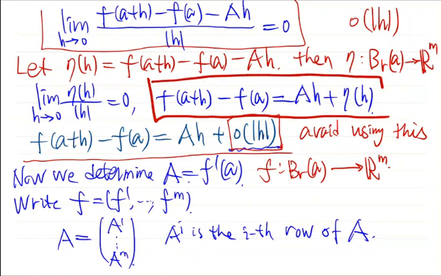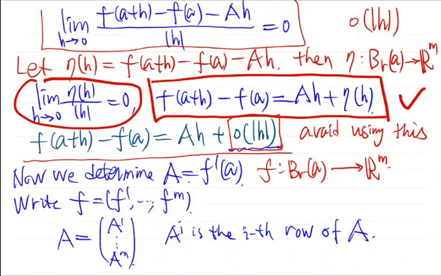that is this equality, where eta satisfies this limit 0 condition. Let's have a look at this equality. We take the ith component. This equality is an equality in R^m. Both sides of this equality are elements of R^m.